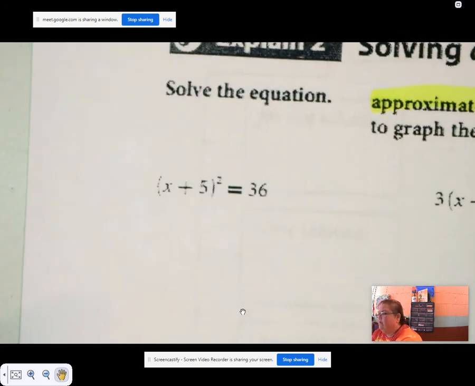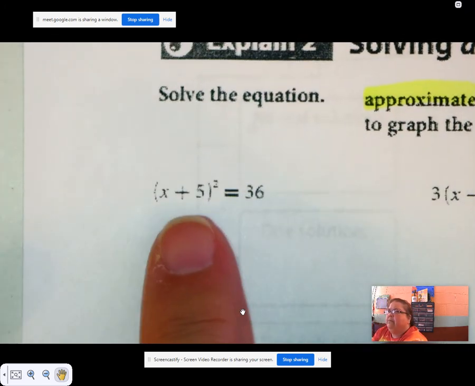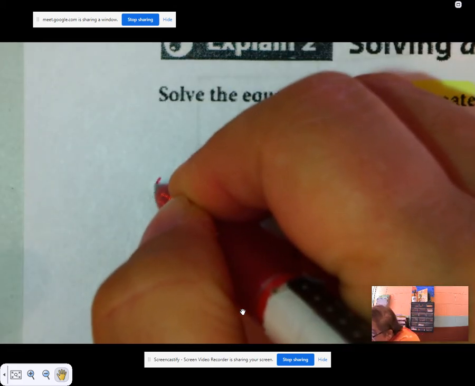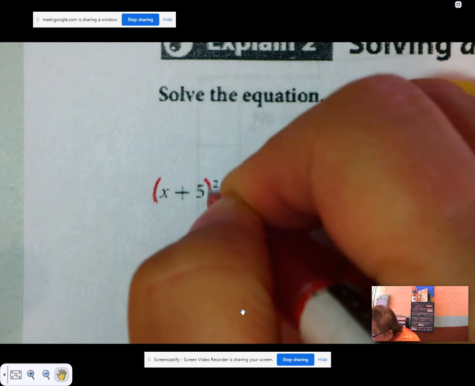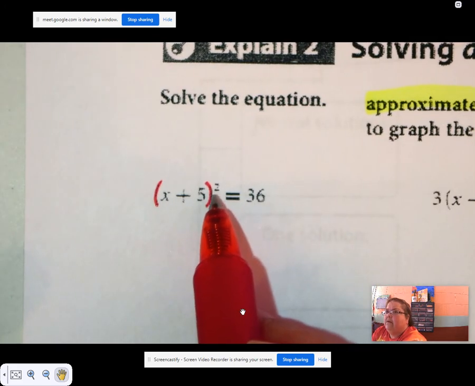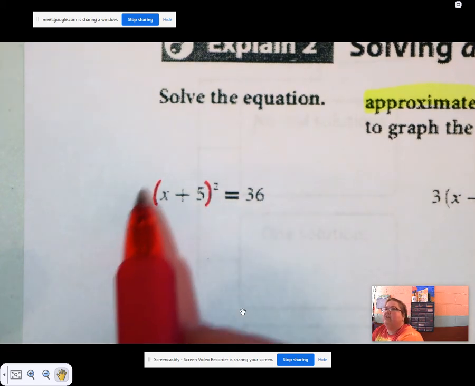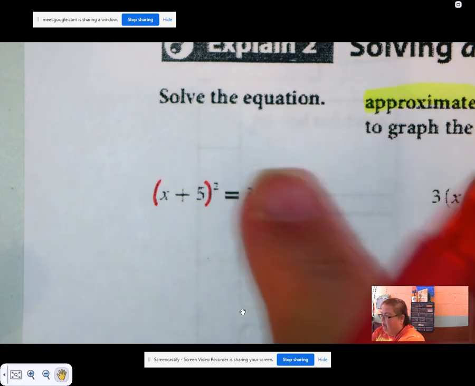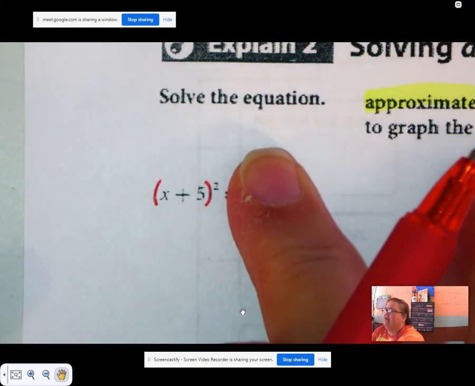Okay, here we go. So here is my first example, and here are my parentheses, and there's a square on the outside. To know if it's isolated, is there anything to the left of the parentheses? Nope. Is there anything to the right of the parentheses? And remember, I'm talking about on this side of the equal sign. Is there anything there?